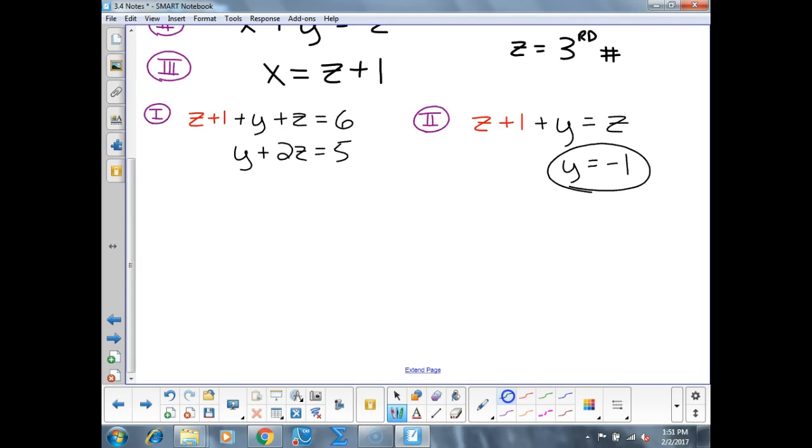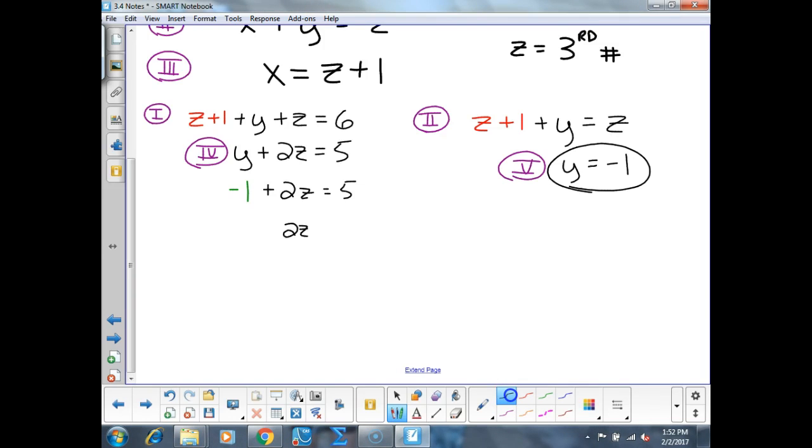So what do I do with this equation over here, this equation 4? If Y is -1, put -1 in for Y, right? Z equals 3.